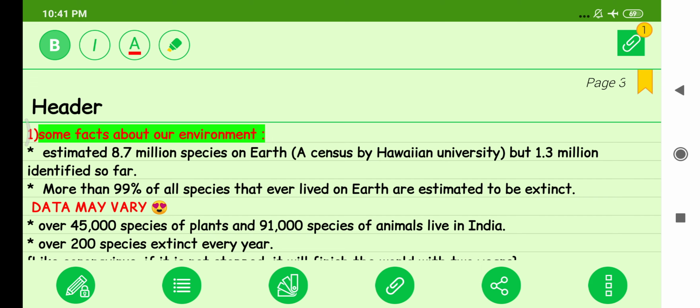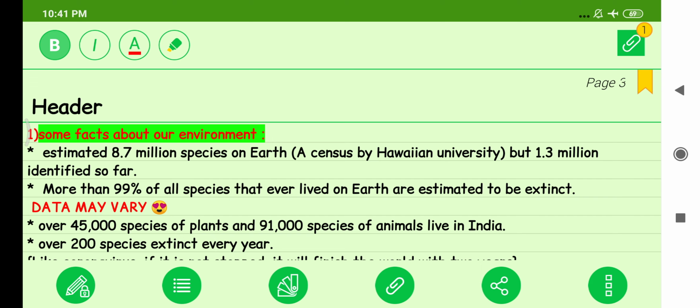It is also said that more than 99% of all species that ever lived on Earth are estimated to be extinct. Means a large portion of these different species have already died.